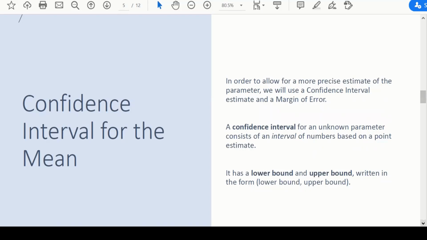It has a lower bound and an upper bound, and it's written in the form open parentheses, lower bound, comma, upper bound, close parentheses. So instead of just one point, we're going to have an interval of numbers.